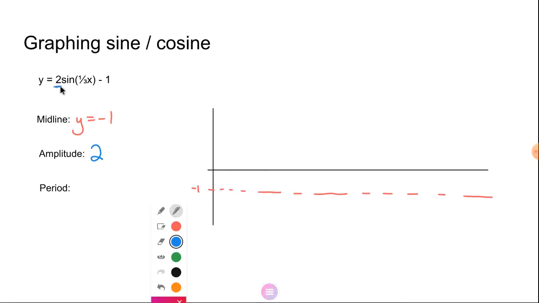And then finally the period we said was 6 pi. And so we're just going to graph what that looked like. Our graph doesn't have to be perfect, but we're just going to show that it went up and down and ended here. And then you just label some of these points.